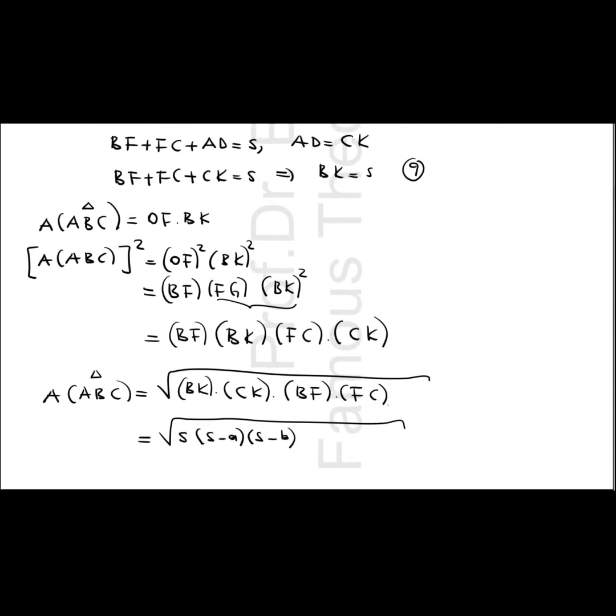If you look at this FC, you need to subtract the BF and CK from the semi-perimeter. So you see BF is equal to BD, CK equals AD, so it means S minus C.